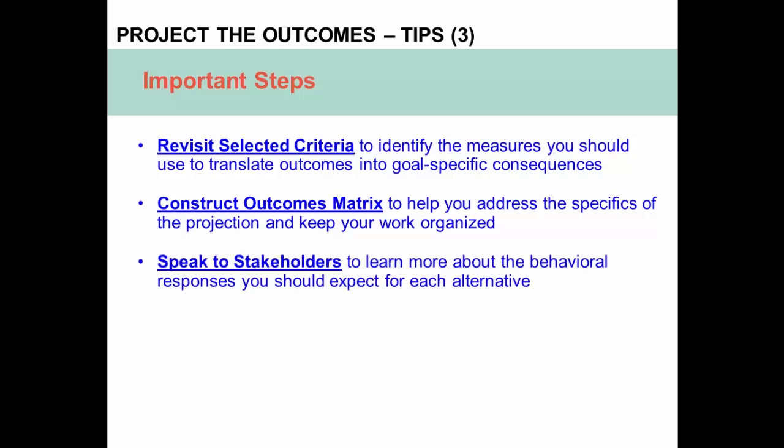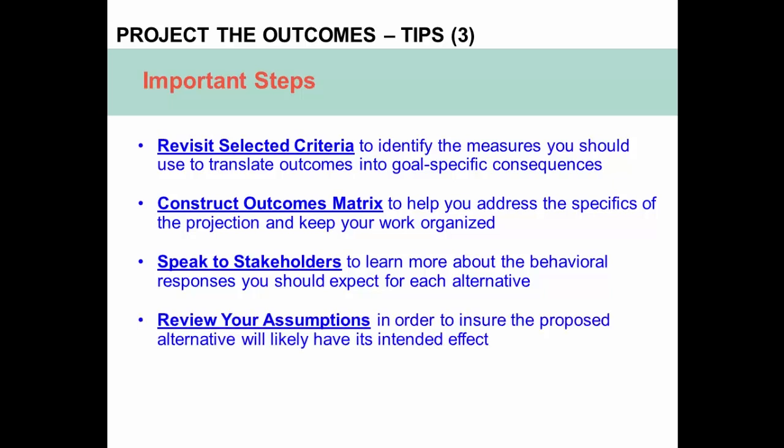Remember that you can speak to stakeholders. You can reach out to them in order to learn more about the behavioral responses that you should expect for each alternative. You'll be able to improve your guesswork by speaking to the people involved. Next, go back to your alternatives and review your assumptions.